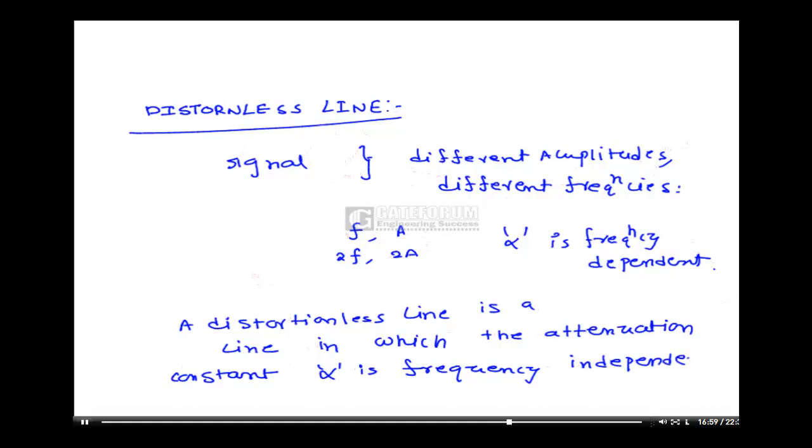That is, all the band of frequencies is attenuated to the same value at the output side, so there is no distortion at all.